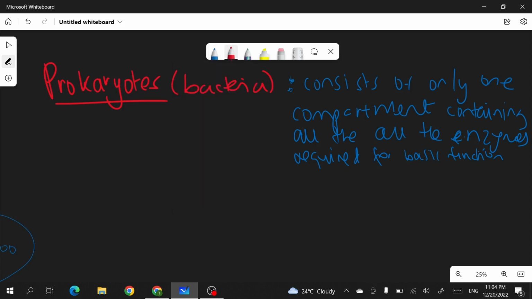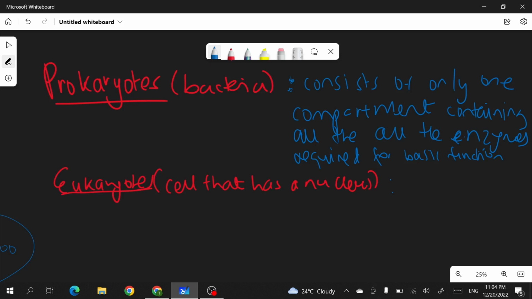Now we have eukaryotes. Eukaryote is us. Eukaryotes are cells that have a nucleus. So basically they consist of more than one compartment.